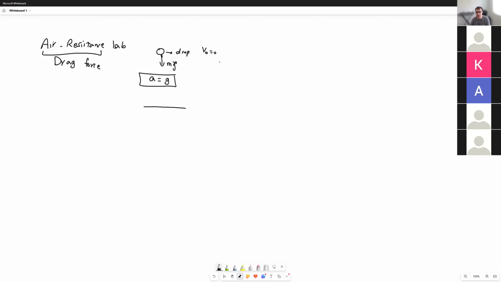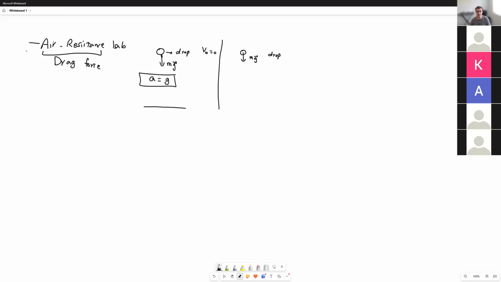Now, in reality, what happens when you drop an object or throw it, let's say in one dimension, which was the topic of your lab? The moment you drop it, the only force is going to be equal to mg. And then as the object gains some speed, air resistance increases.